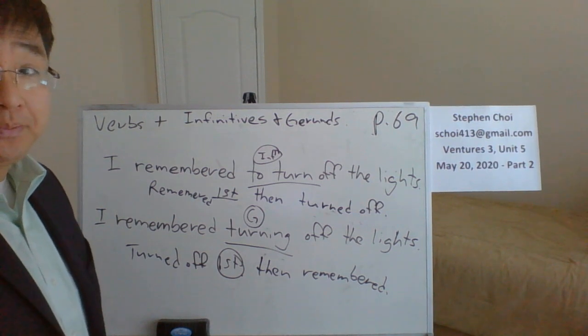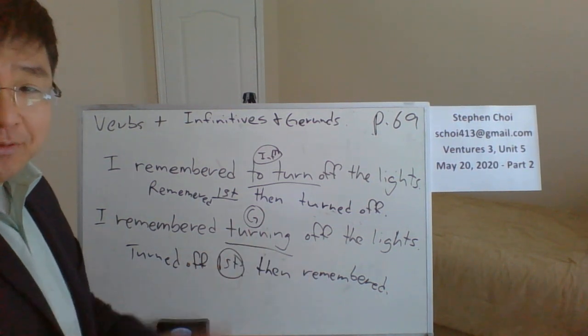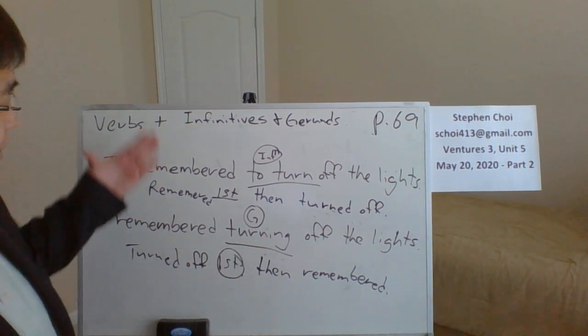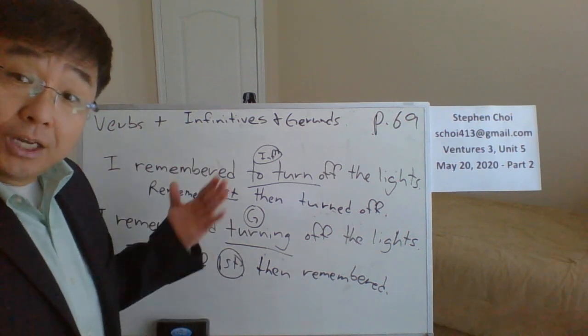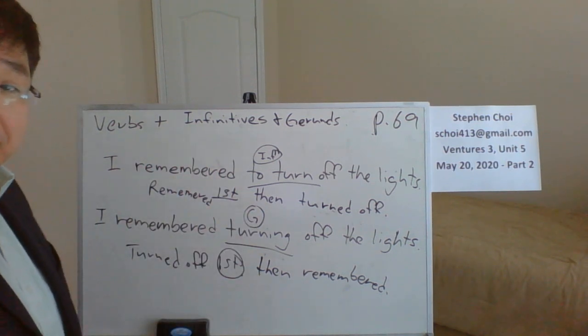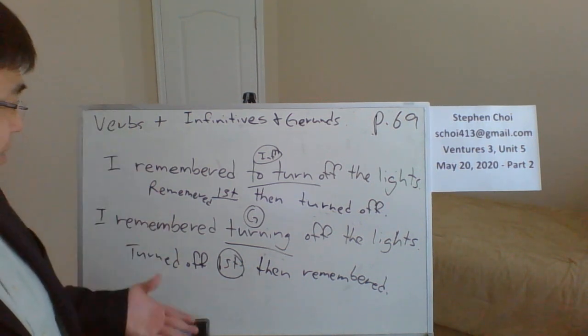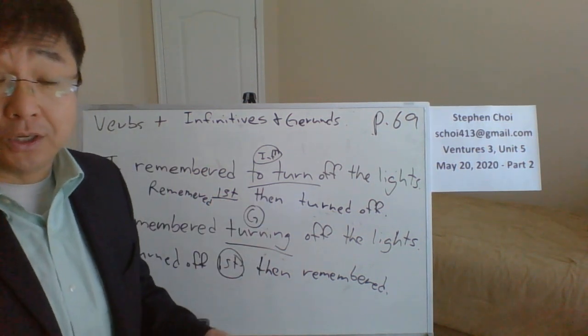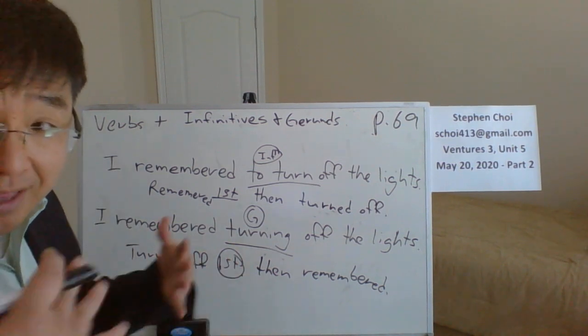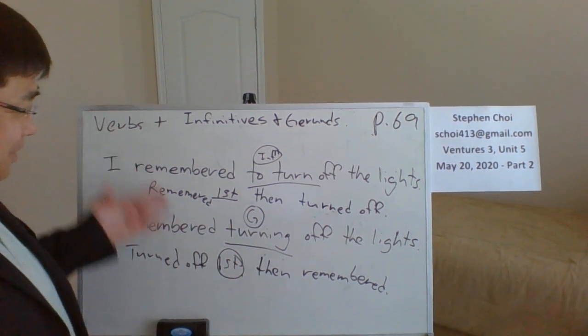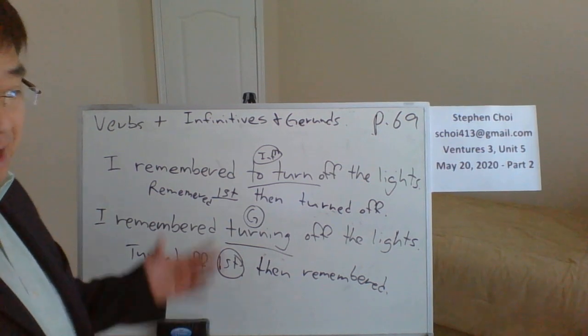Does that make sense? This is just for fun, just to let you know that English can be very challenging, but also interesting. That's how languages are, right? I'm sure you can find stuff like this in your own language. You can't think of it at this moment, but something like that exists in every language.